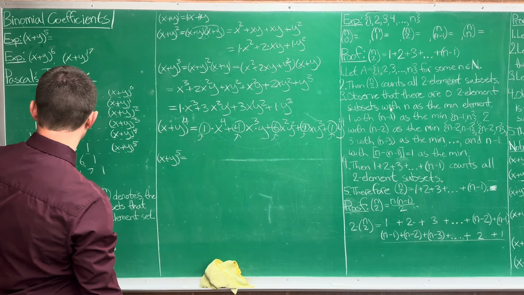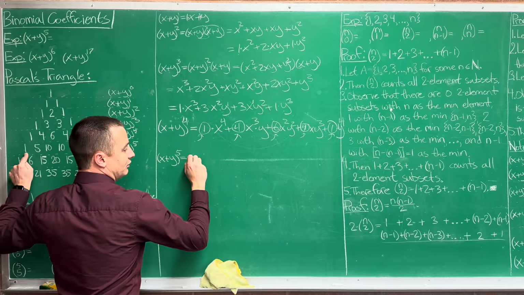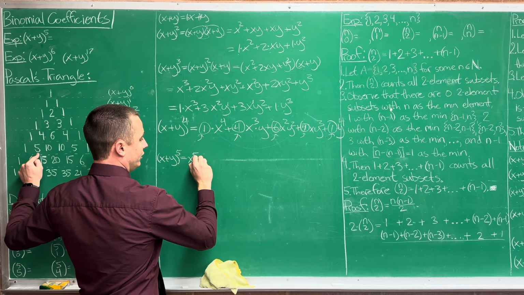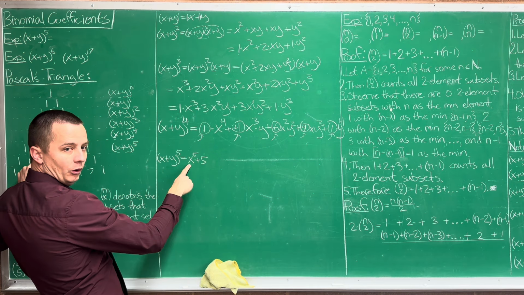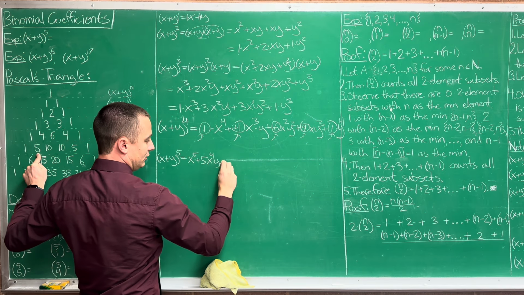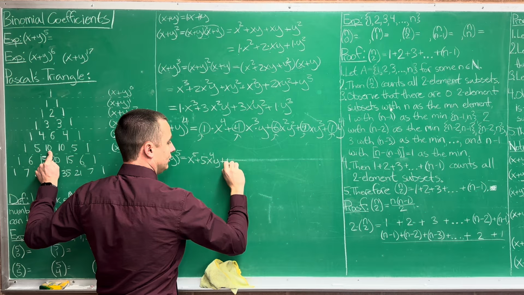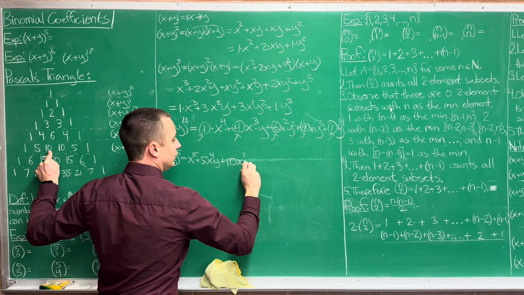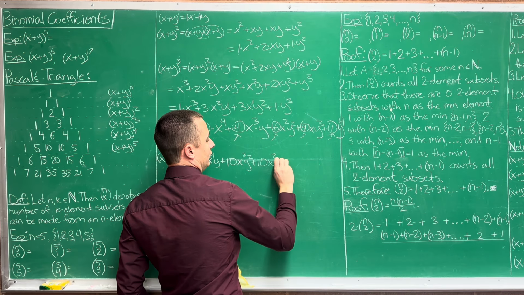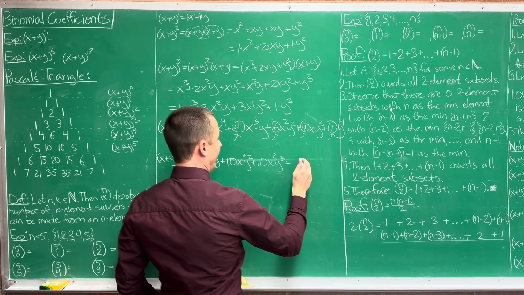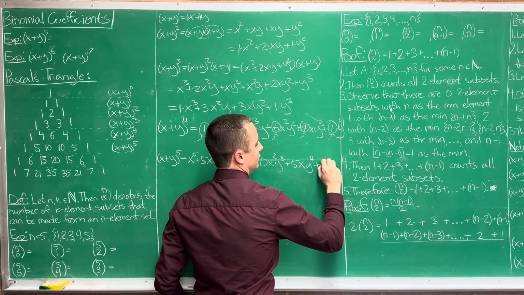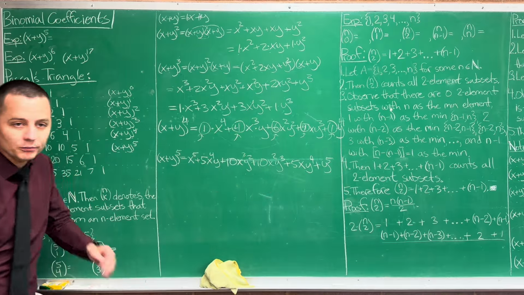I just look at this triangle, and I instantly say it's going to be 1 times my biggest x term, so that's x to the 5, y to the 0, plus 5, decrement my x by 1, so x to the 4, y to the 1, plus my next number was 10, x cubed y squared, plus my next number was 10, x squared y cubed, plus my next number was 5, x y to the 4, plus 1 y to the 5. And that's what it would multiply out to.